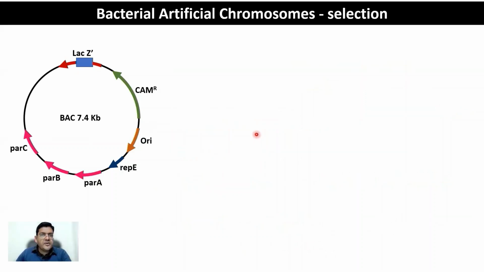So now coming to the process of selection, the first level of selection of transformants is done based on the presence or absence of chloramphenicol resistance, which is because of the CamR gene. So if the BAC is present, whether it's self-ligated or recombinant, the cells would be resistant to chloramphenicol. The second level of selection for recombinants is done by lacZ prime here. You already know this is basically blue-white screening, and the lacZ prime locus here codes for the alpha fragment of beta galactosidase.